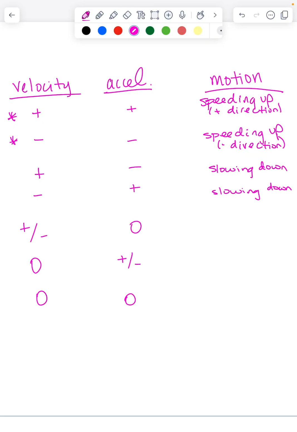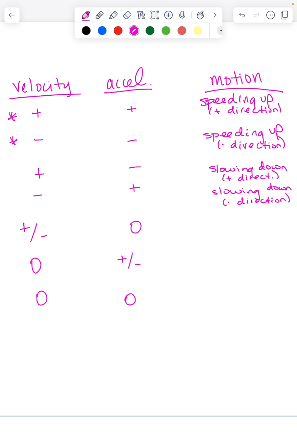And again, you're always going to look at the sign for your velocity to figure out what direction you're going. Because I have a positive velocity, that means I'm going in the positive direction. I have a negative velocity, that means I'm going in the negative direction. Now I want you to look at this next one.